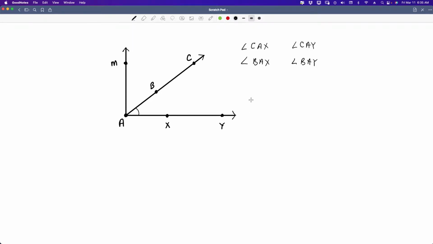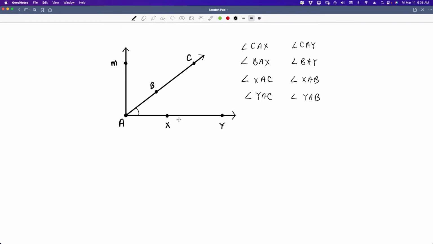We could also name it angle XAC. We can name it angle XAB. We could also name it angle YAC, or we could name it angle YAB.